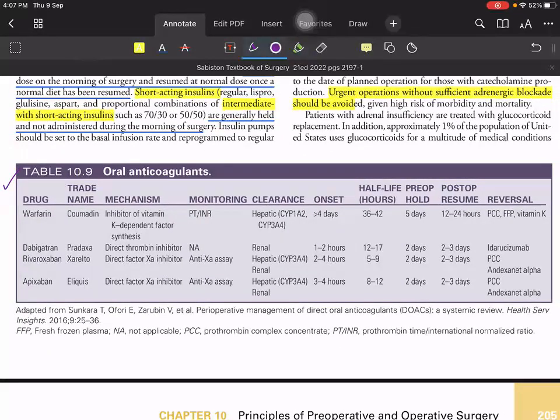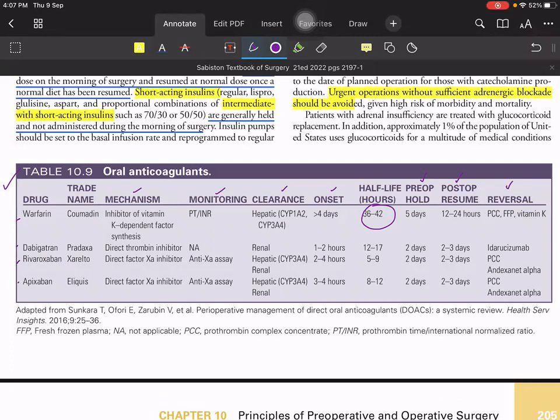They are giving all the drugs: warfarin, dabigatran, rivaroxaban, apixaban. So we have to see the mechanism of action, how to monitor these things, and the clearance and the onset. Half-life you have to know, especially for warfarin. Preoperatively, how many days it should be held and postoperatively when it should be resumed. And what are the reversals? This table is enough.